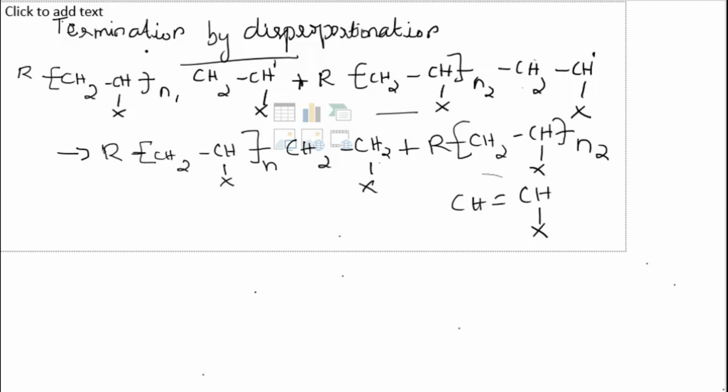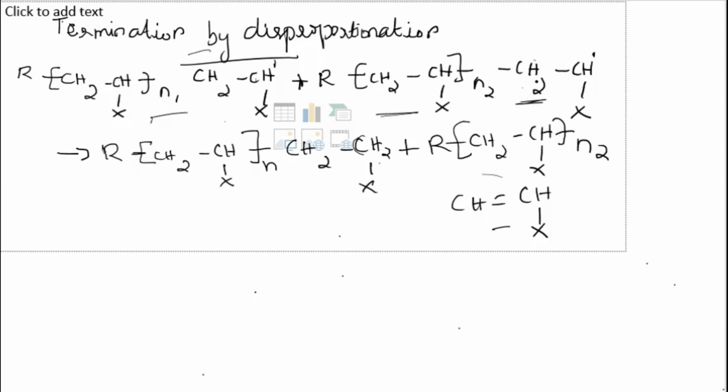Next, termination by disproportionation. Here hydrogen from one growing chain is abstracted by the other growing chain, and it is stabilized by the formation of a double bond. Here these are the two growing chains, and this growing chain will abstract one of the hydrogen atoms from here, and thereby it forms CH2X here. At first it was CH, a radical site.